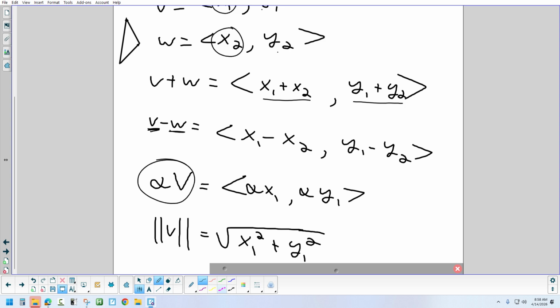And magnitude is another example of a calculation you can do with a single vector. You don't need two vectors to find the magnitude, just one vector. And out of the 4 operations we just did, add, subtract, scale, and magnitude, which one has an answer type that's different from all the others?